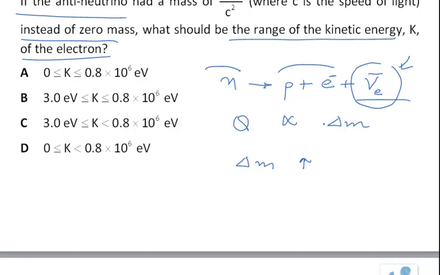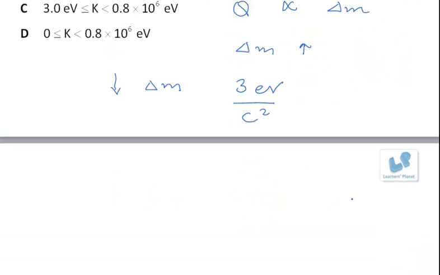If the products have more mass, then the mass defect would be lesser. Is that clear? So if the antineutrino has a mass and the mass defect reduces by an amount of 3 electron volt by c square, therefore the energy of the reaction will also come down by an amount equal to 3 electron volts, because this difference in energy is equal to delta m c square.